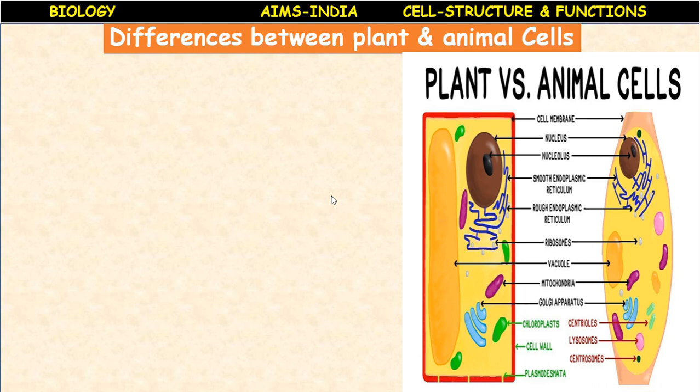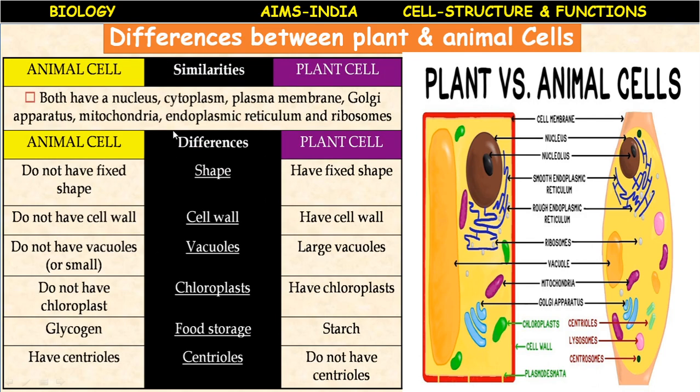So what common features do we find in a plant cell and an animal cell? Let us see the difference between plant and animal cells. The left side represents the plant cell, which is rectangular in shape, and the oval shape is the animal cell.